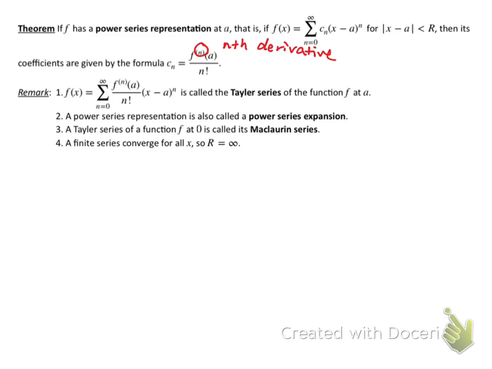We don't know if the series will converge at an x value, but we know if it does converge, the coefficients have to be this way, okay?